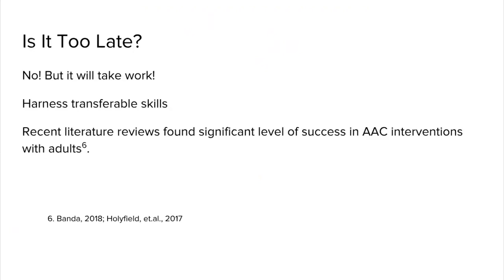Whatever those are, you want to take those transferable skills and put them into the acquisition of an AAC device. If somebody has great initiation, or is very social, or they've been using a picture point for years and can identify pictures and icons, you can certainly use all of that. Think about that in the programming of an AAC device and transfer those skills over.